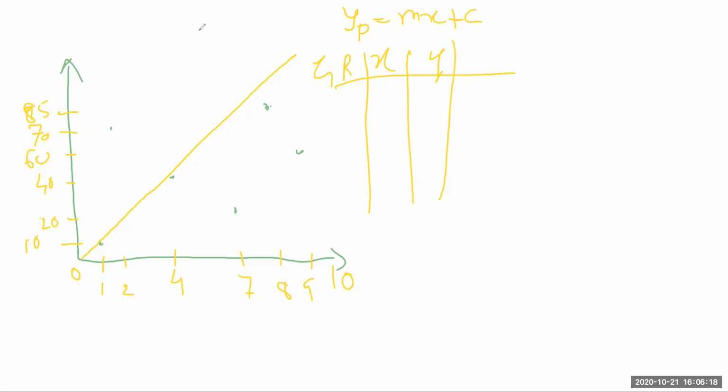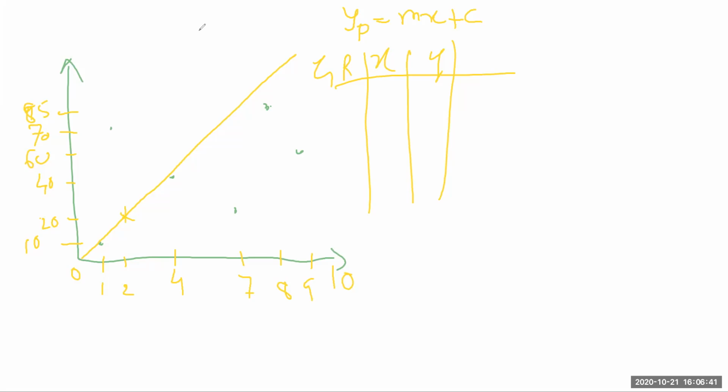Now, there's a possibility that you could fit multiple lines, but you need to understand whether this line is the best fit or not. So for a CGPA of 2, the model says that the score will be around 20.